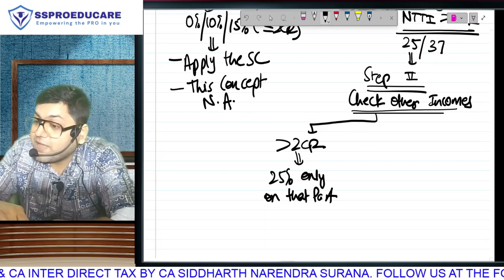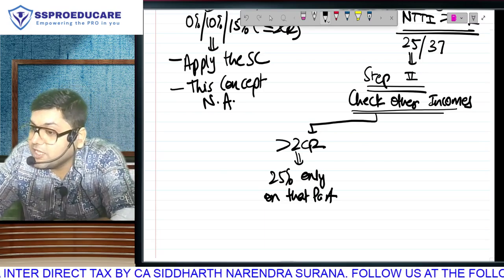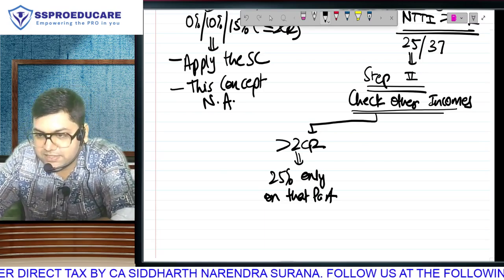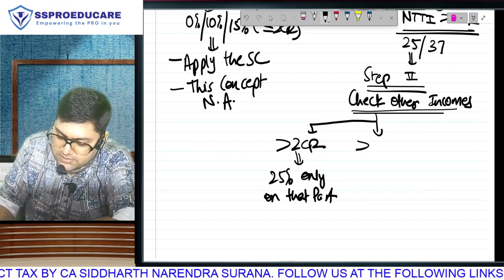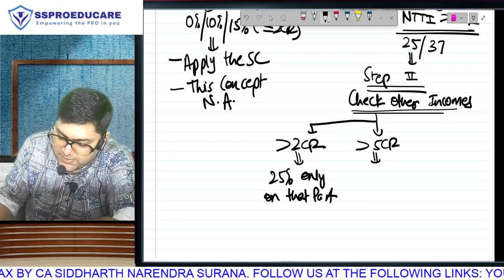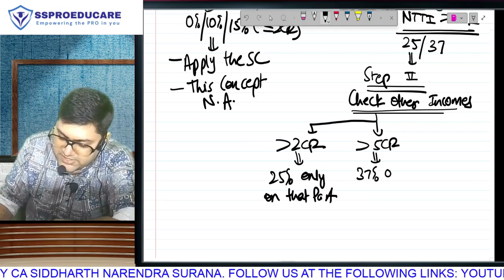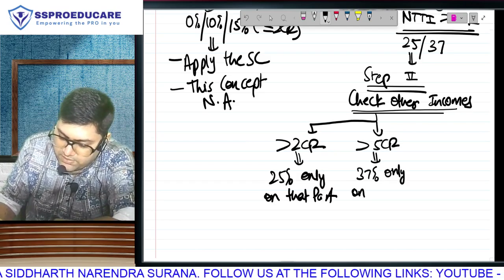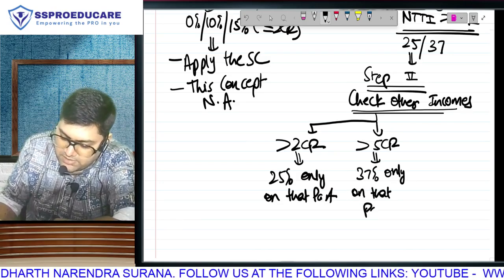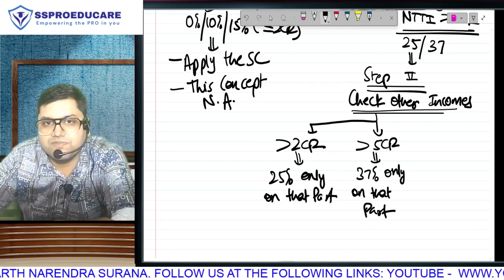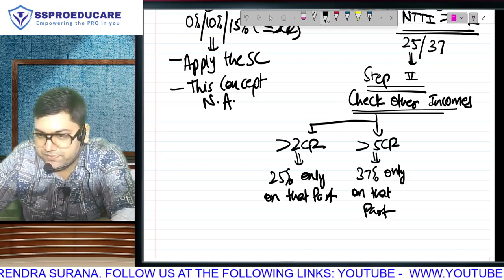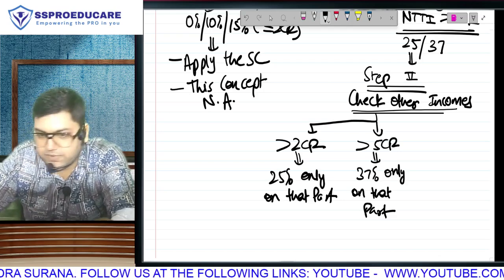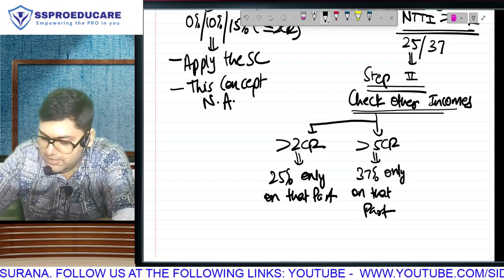Kyun? Because these 5 incomes have been granted immunity from 25 and 37. If the other income is exceeding 5 crore, so you will apply 37% again only on that part, because these 5 incomes will always come under 15% highest. 25, 37 not applicable.